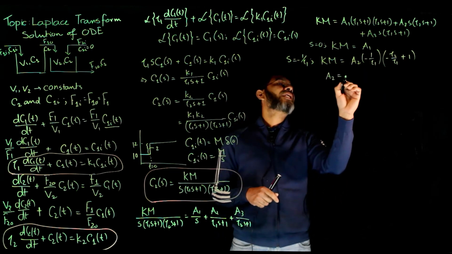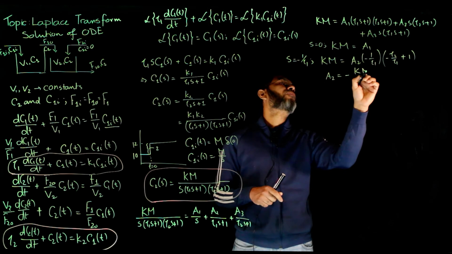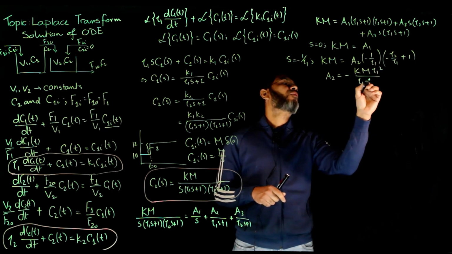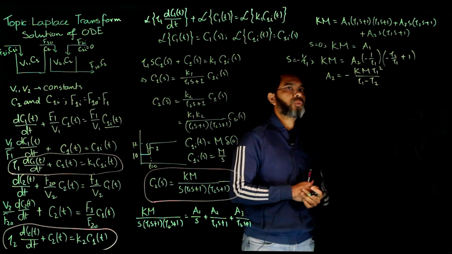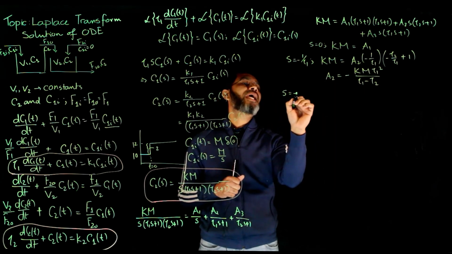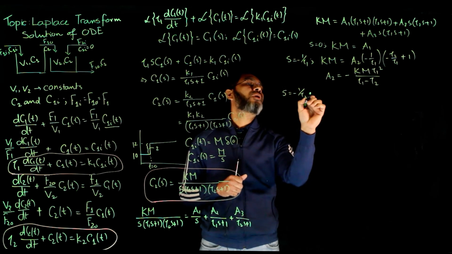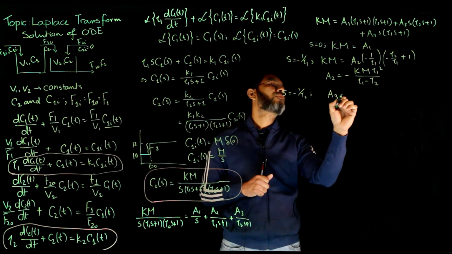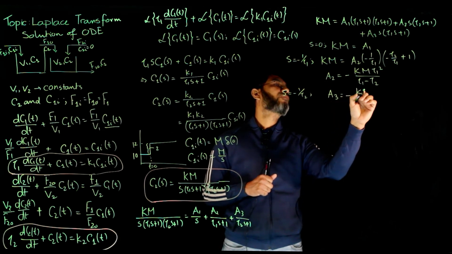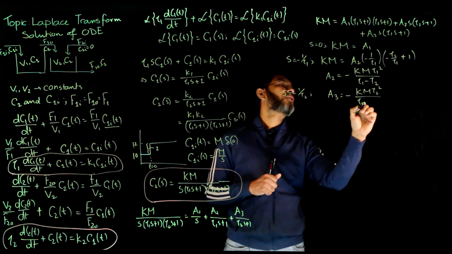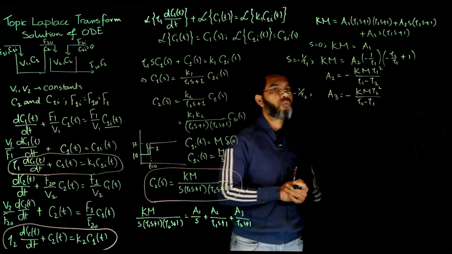So this will lead us to A2 being Km tau 1 squared over tau 1 minus tau 2. Okay. Similarly, putting s to be negative 1 over tau 2, we'll get the value of A3, which will end up to be negative Km tau 2 squared over tau 2 minus tau 1.